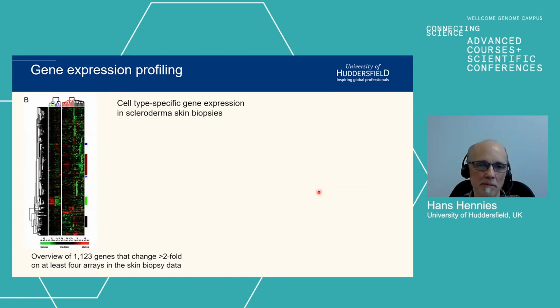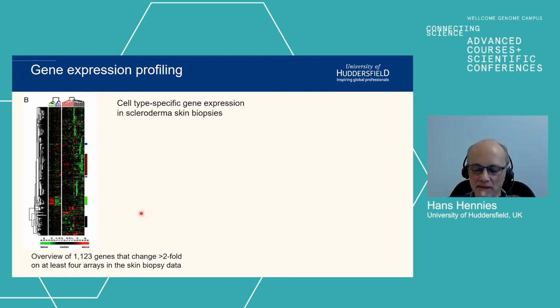This is another example. This is an experiment about the cell type specific gene expression in scleroderma skin biopsies. And this is how the overview of this expression analysis would look like. This is an overview of more than 1,000 different genes that change more than twofold in samples from scleroderma patients.